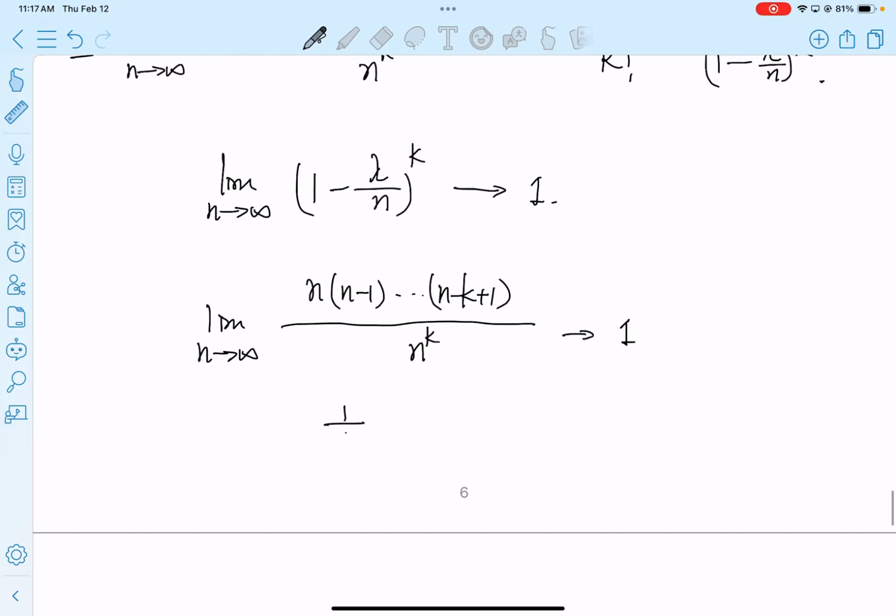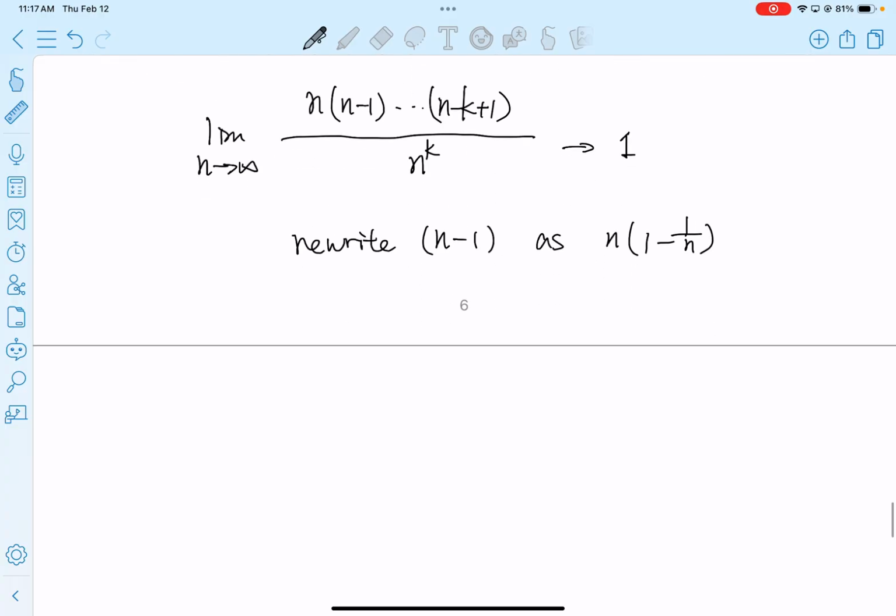Maybe this will be a good intuitive way. Rewrite n minus 1 as n multiplied by 1 minus 1 over n. Rewrite anything n minus 1 as n multiplied by 1 minus 1 over n. Let me elaborate a little bit.